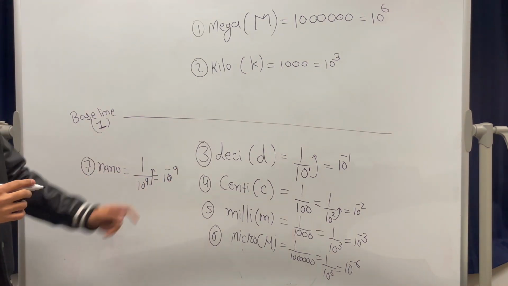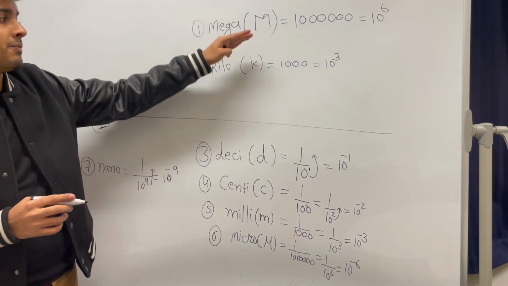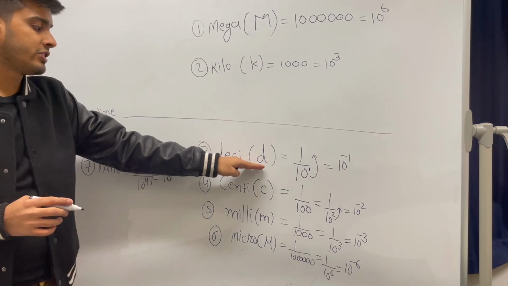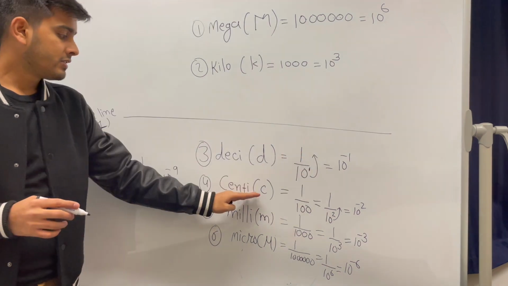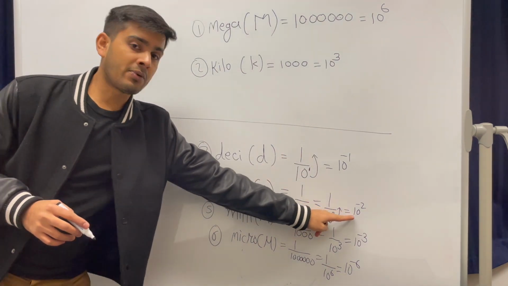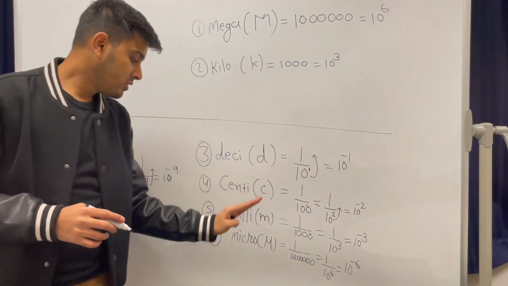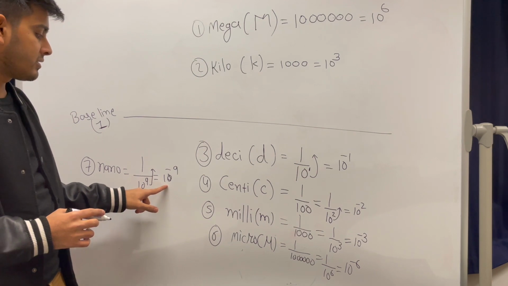Okay, so these are our prefixes. Kilo and mega are the bigger units, more than 1. And below 1 we have deci, which is 1 upon 10 and can be written as 10 power minus 1. Centi is 1 upon 100, 10 power minus 2. Then milli, 10 power minus 3. Micro, 10 power minus 6. And nano, 10 power minus 9.